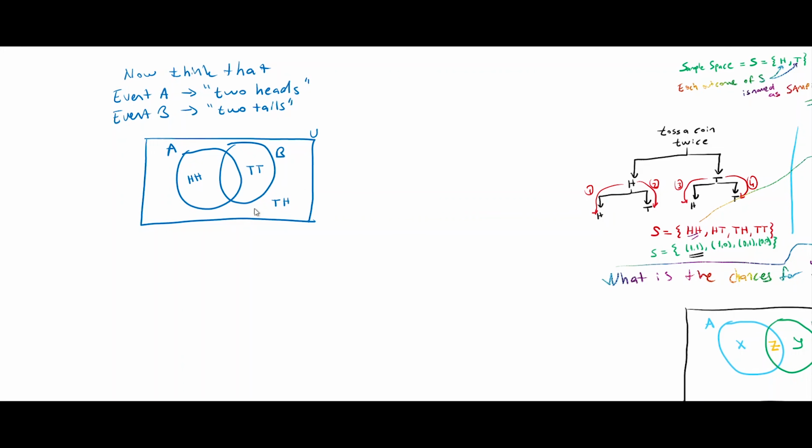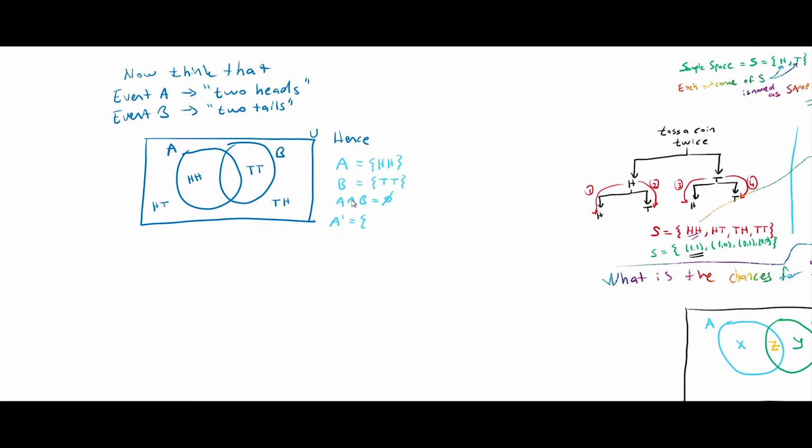these clusters don't have tails heads and heads tails. Hence, cluster A equals HH, cluster B equals tails tails, and cluster A intersection cluster B equals empty, or nothing, or null.